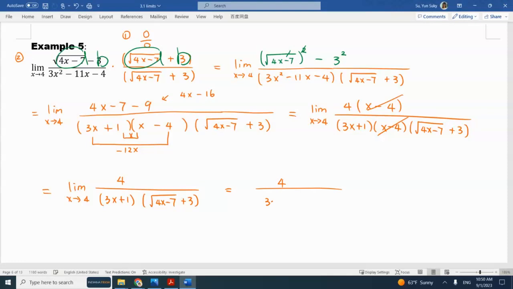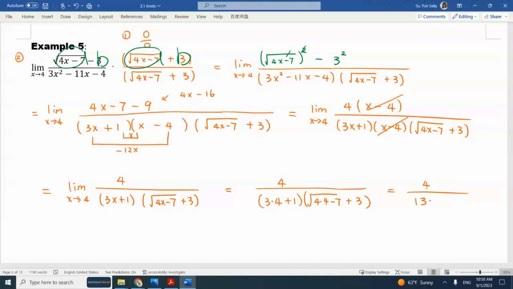x is 4. 3 times 4, plus 1. Square root of 4 times 4 minus 7, plus 3. Three times 4 is 12. 12 plus 1, 13.